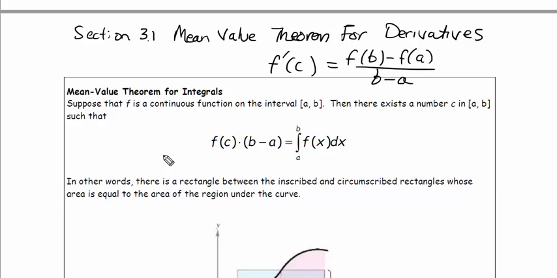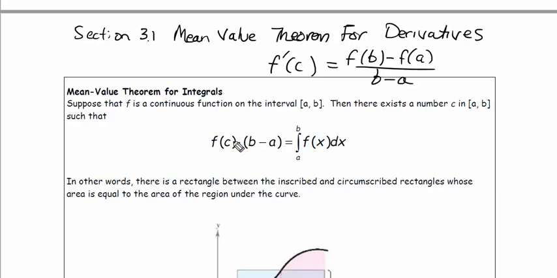So the mean value theorem for integrals says suppose that f is a continuous function on the interval from a to b. Notice this is a closed interval again. Then there exists a number c in that interval a to b such that f of c times b minus a is equal to the integral from a to b of f of x dx.